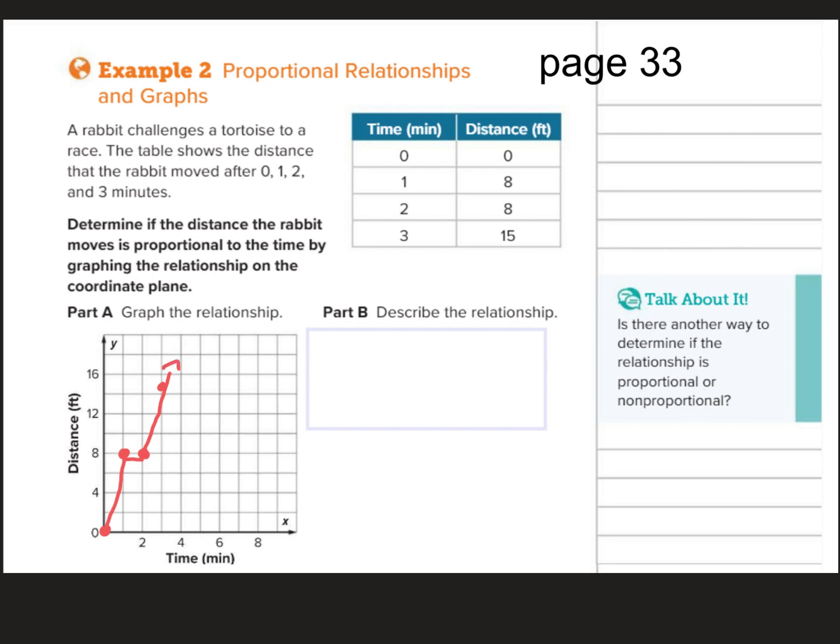So in part B, where it says describe their relationship, it passes through the origin. However, not a straight line. And if it's not a straight line, that means it doesn't go up at a constant rate, which means it is non-proportional.